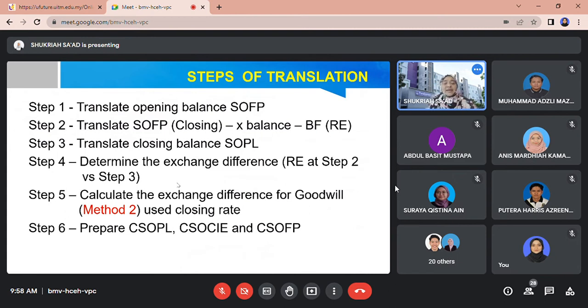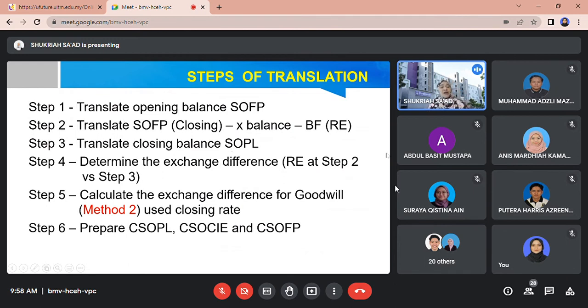Step 1, kita translate opening balance SOFP. Bila translate opening balance, nak guna method 1 ke method 2? Kena identify lah. Kalau guna method 1, gunalah dia punya tadi guideline, dia punya exchange rate. Okay. Begitu juga dengan step number 2, step number 3. 1, 2, 3 are the translating process.